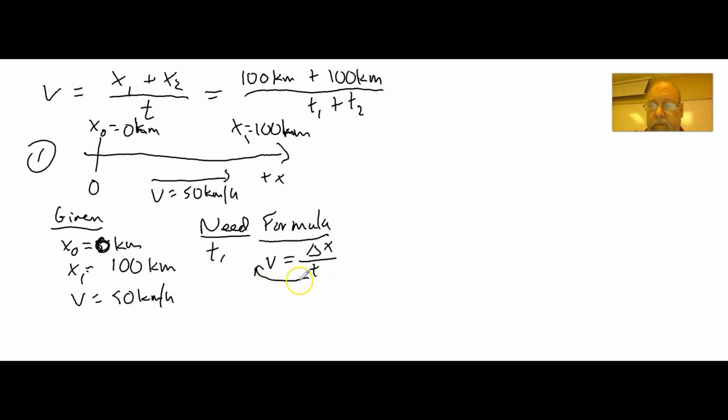I put t over here and divide by v, and I end up with t equals delta x over v.